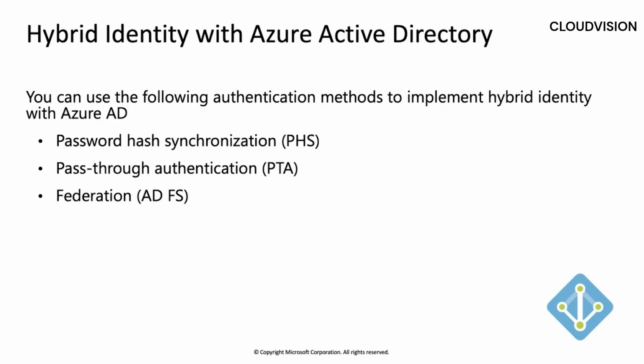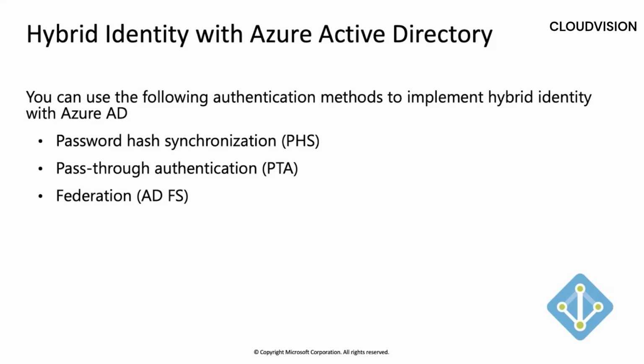If I talk about password hash synchronization, it means the password hashes from your on-prem Active Directory can be synchronized to Azure AD. Why? Because in your Windows Active Directory on-prem, the passwords are stored using the hashing method.